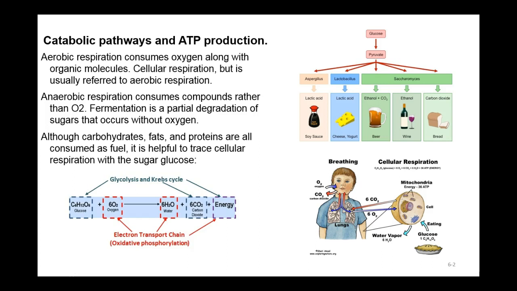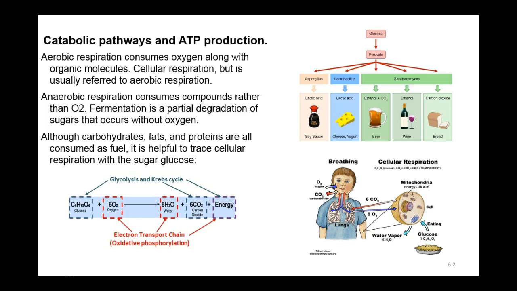It produces far more ATP than anaerobic respiration, which consumes compounds other than O2, and we can think of fermentation as a form of anaerobic respiration. Some organisms are, as we learned, anaerobic in nature, so they're adapted and very good at creating energy in the absence of oxygen. It just so happens that we are not one of them, but certainly yeasts and bacteria are.